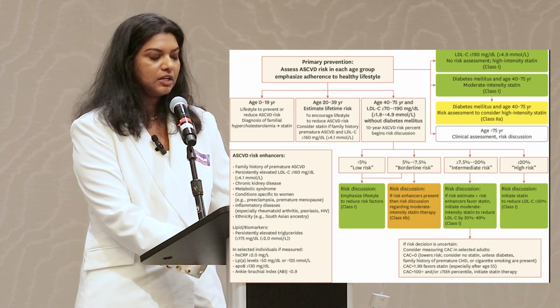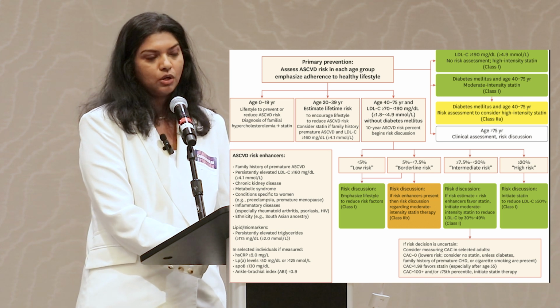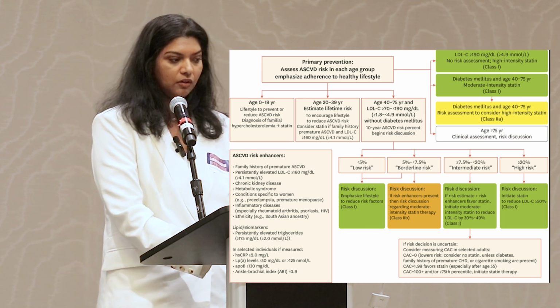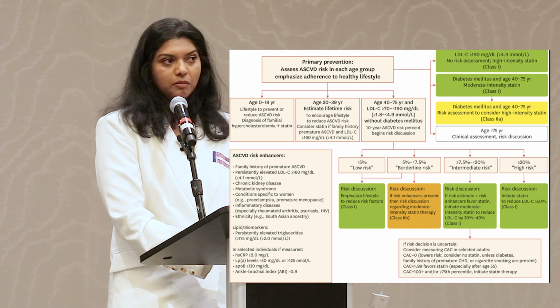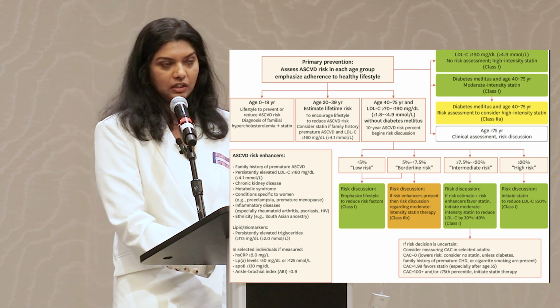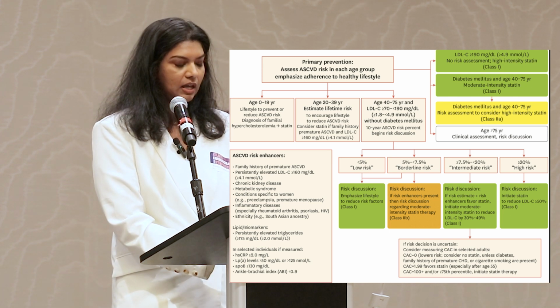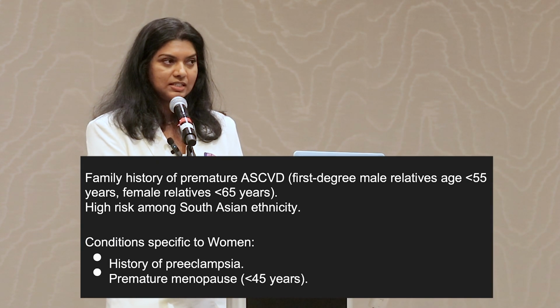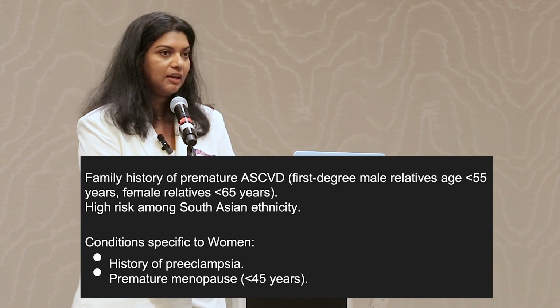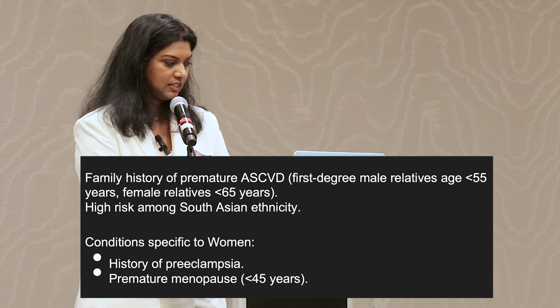Those can include family history of premature atherosclerosis, like a brother with an MI in their early 50s, female patients with a family history of MI before 65, and again, high risk in South Asian ethnicity. South Asian ethnicity by itself is an independent risk enhancer for ASCVD risk.